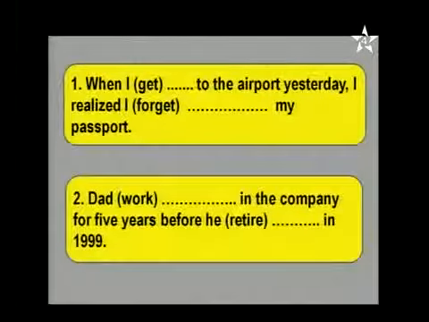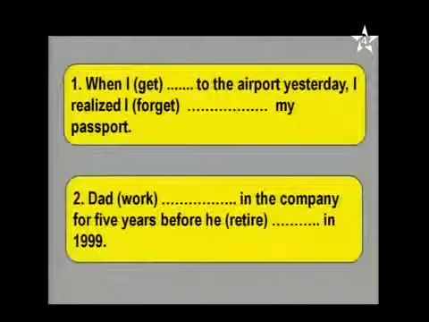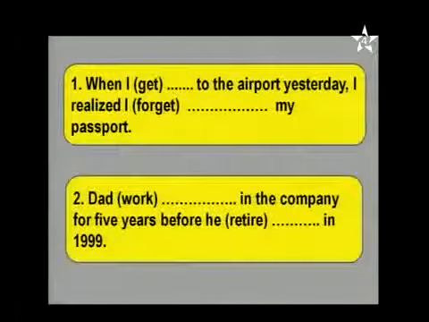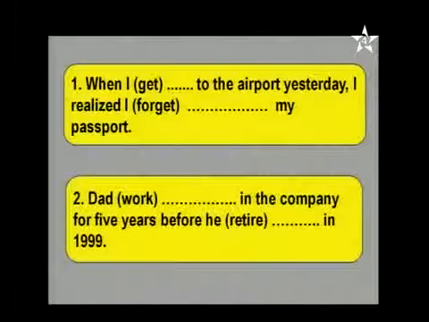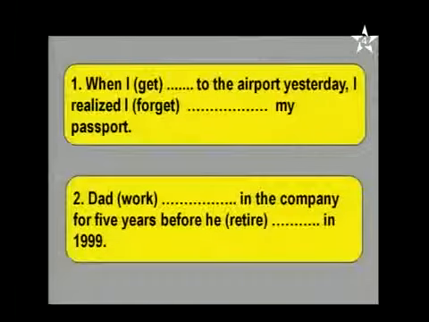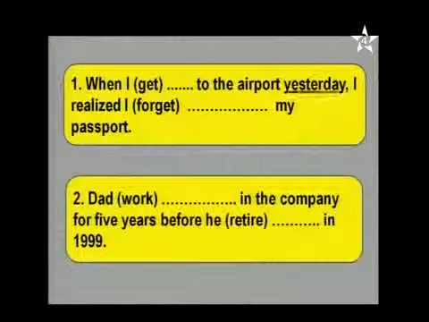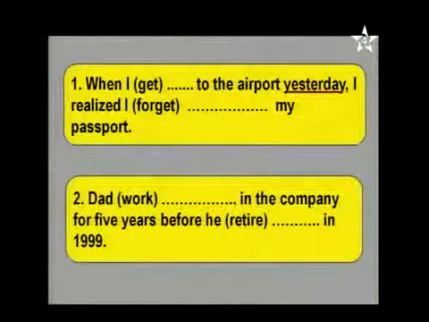Number 2, Dad worked in the company for 5 years before he retired in 1999. So, of course, as I told you before, the two actions or the two events should be in the past. And the time indicator, for example, in the first sentence is yesterday.